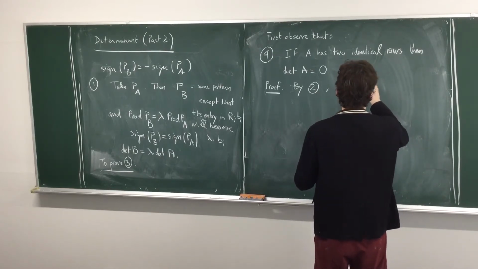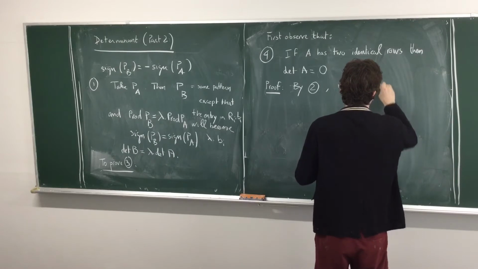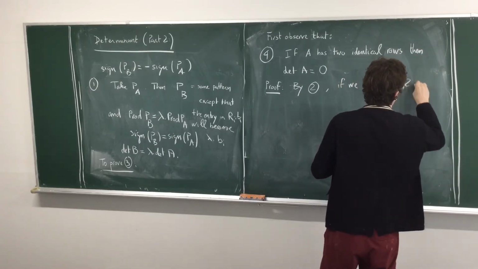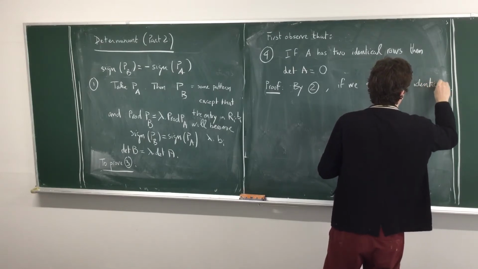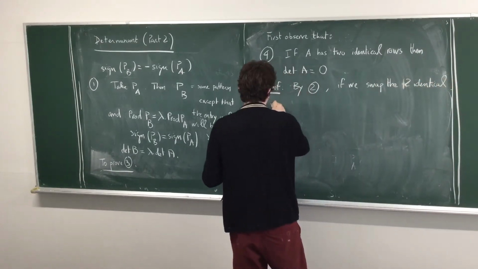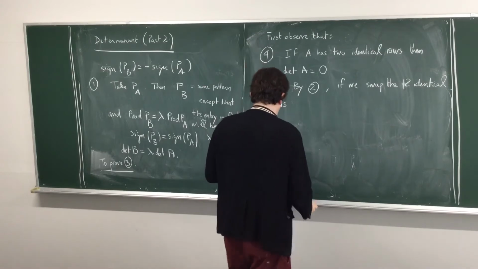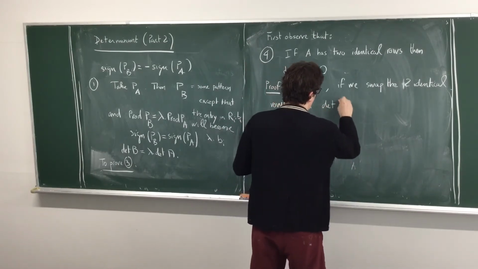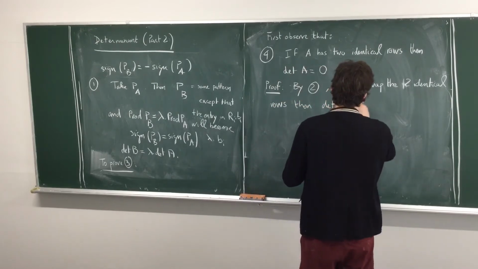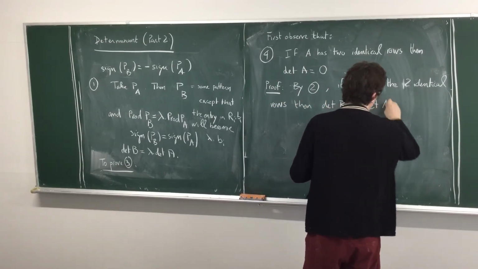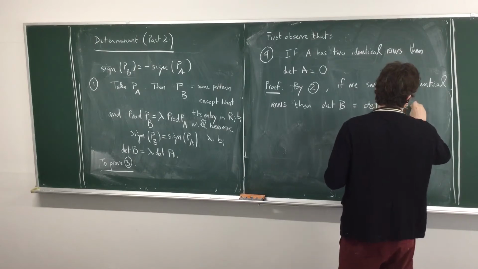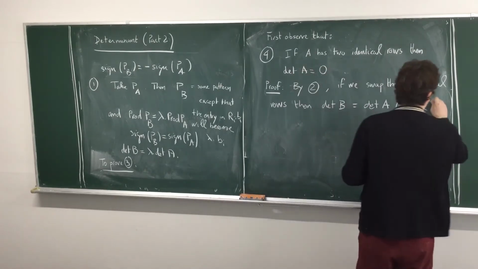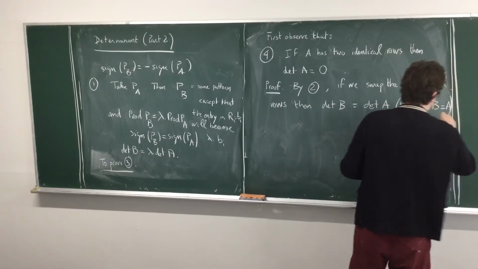So, for example, if we swap the two identical rows, then the determinant of B will be equal to the determinant of A. This is because we have swapped two identical rows, and so B is equal to A.